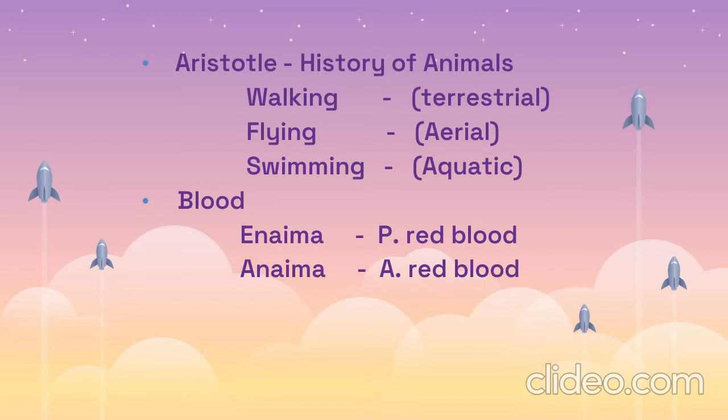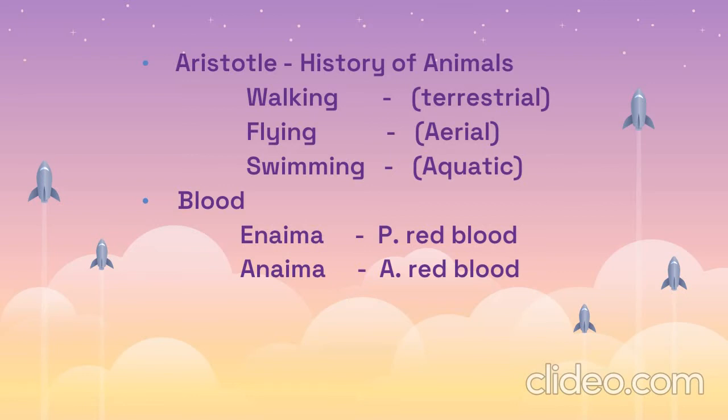So this classification he has given as per locomotion. Those living in the terrestrial region walk, those living in the air fly, and those living in the aquatic regions swim. So based on this locomotion and habitat, he has classified into three as walking, flying and swimming, or we could say terrestrial, aerial and aquatic, right?